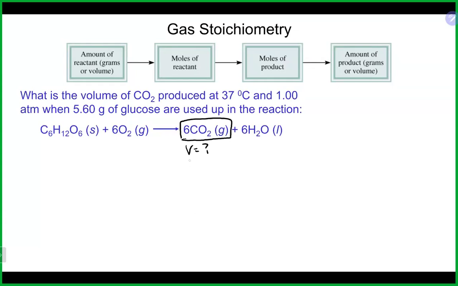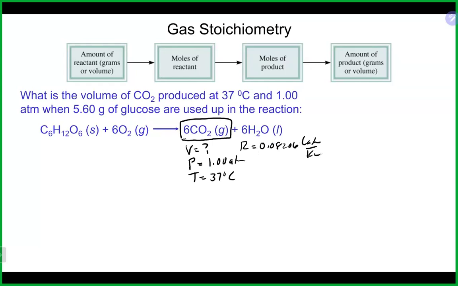We have some other gas information given to us, like a pressure of 1 atmosphere. We also have a temperature of 37 degrees Celsius. Remember, we also always have R, that's never given to us, but we always have it available.